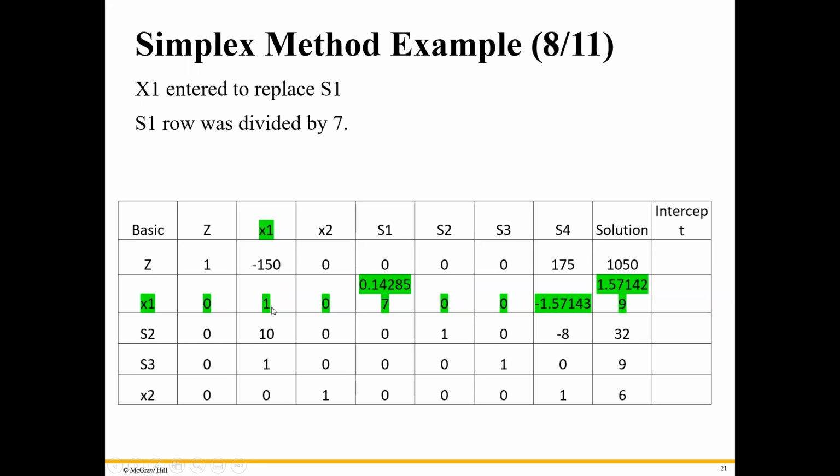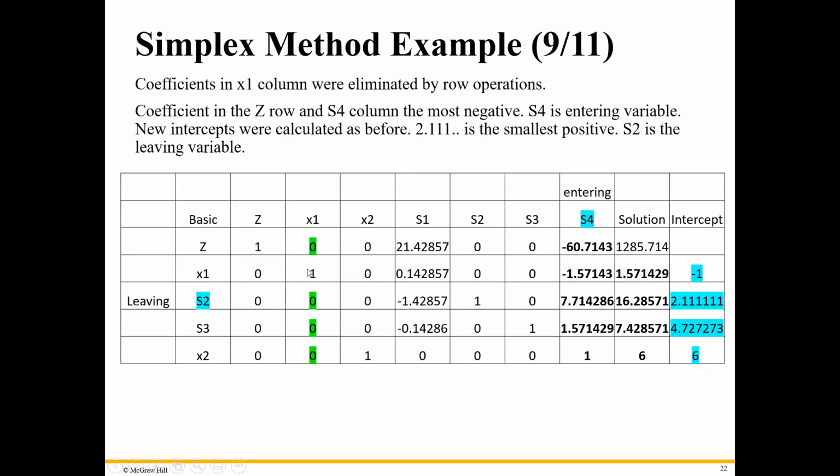So 1 will be multiplied by minus 150 and then added to 150. So this will make it 0, this will make it 0, this will make it 0. So in the next step, these values will become 0 by the row operations.